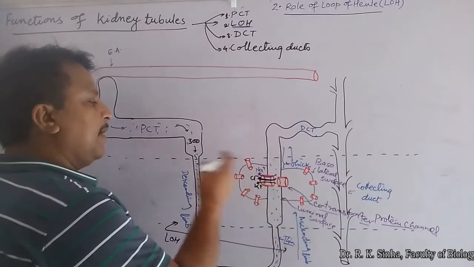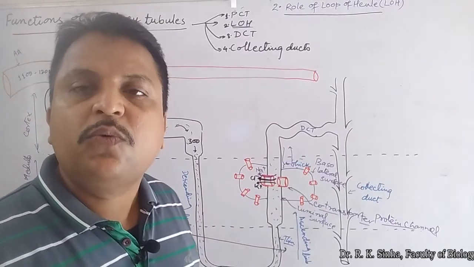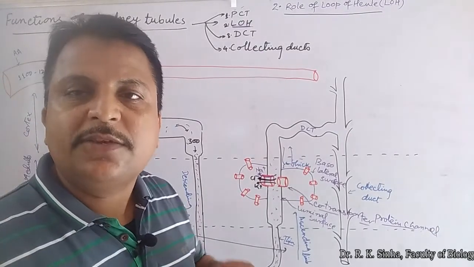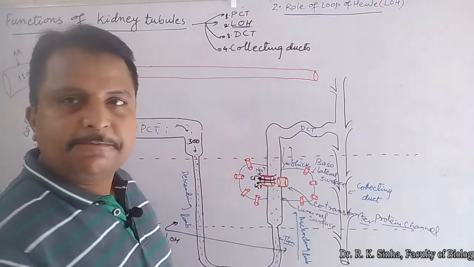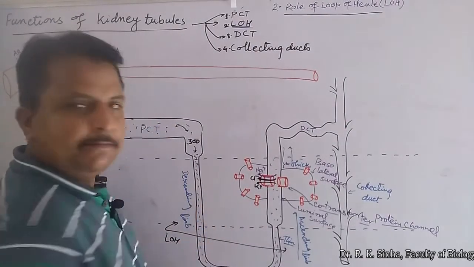All these three are passing in the same direction together. That's why this is known as co-transporter. Co means together. Together they are passing.